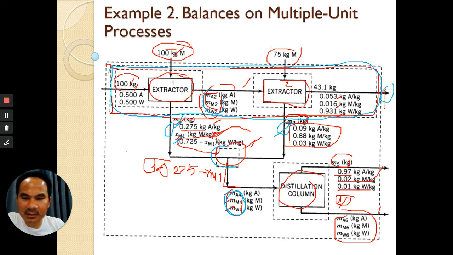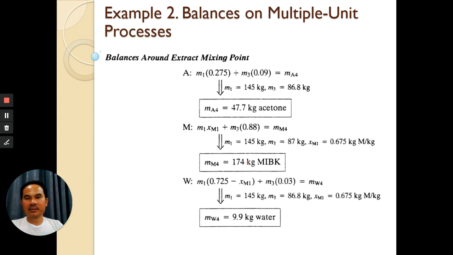And the M balance is XM1 multiplied by M1 plus 0.88 multiplied by M3 equal to M4. And the water balance is 0.725 minus XM1, all of this multiplied by M1, plus 0.03 multiplied by M3 equal to output MW4.